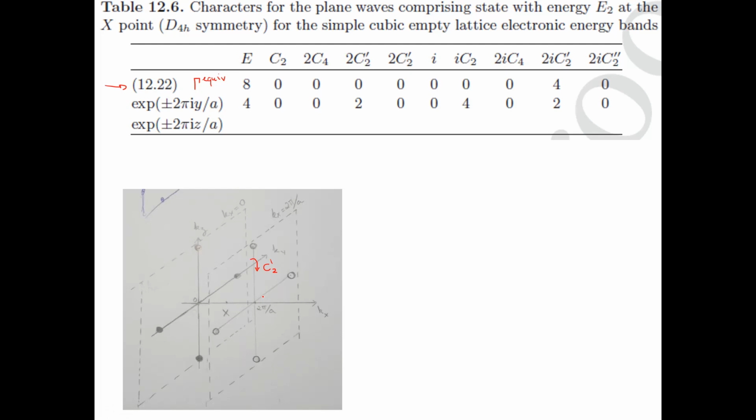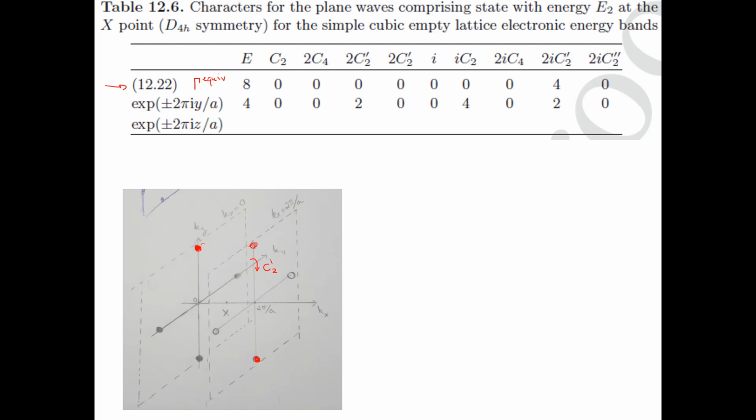Okay, about the X point. So you can see that in this case, if you combine that with inversion, 4 of these plane waves, for this particular C2 prime rotation, you see that this one under C2 prime goes right here, and after you apply inversion it goes back here, right?